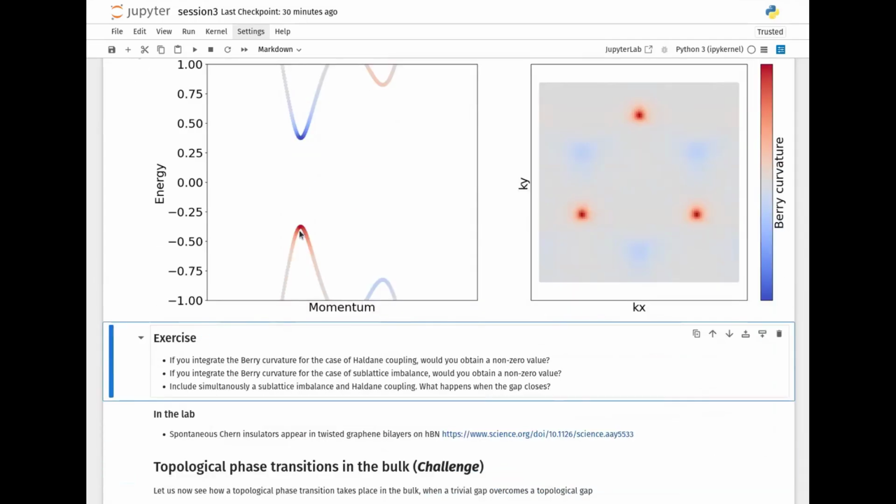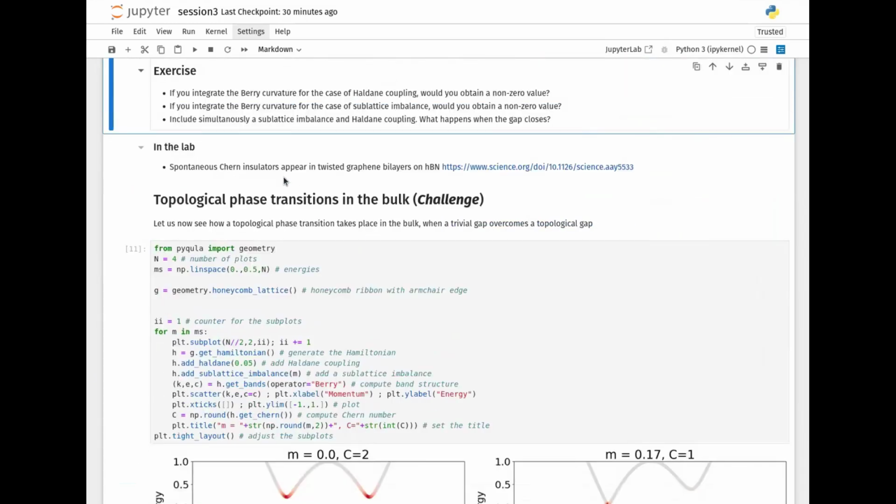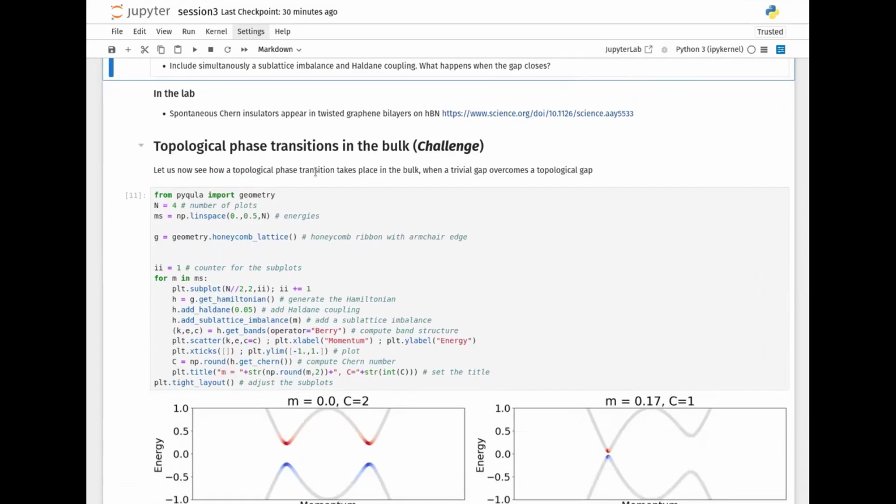And so what happens in practice is that as you go from a topological regime that is dominated by the Haldane coupling to a trivial regime that is dominated by the sublattice imbalance, then the gap in the band structure will start closing. And once it closes, the total Chern number is going to change. Okay, so this is something that we can see more clearly in the next example.